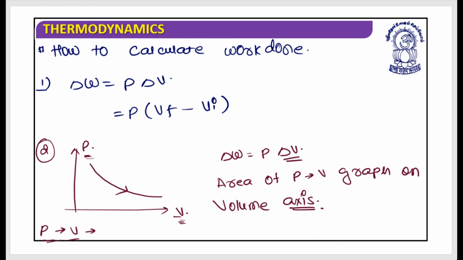So this is delta W equals P delta V, and this is the area of the PV graph on the volume axis.